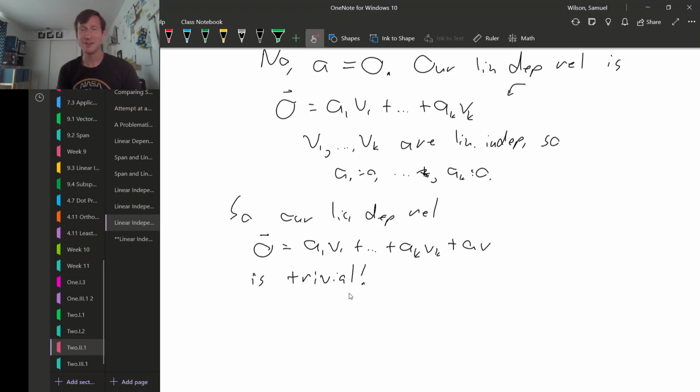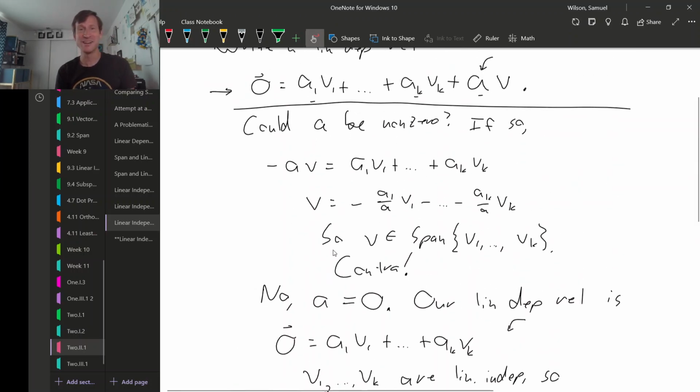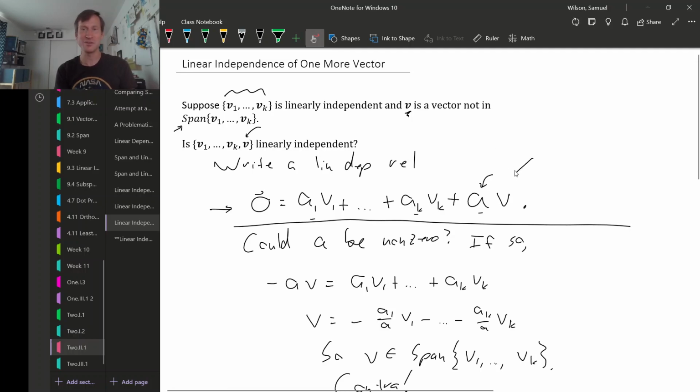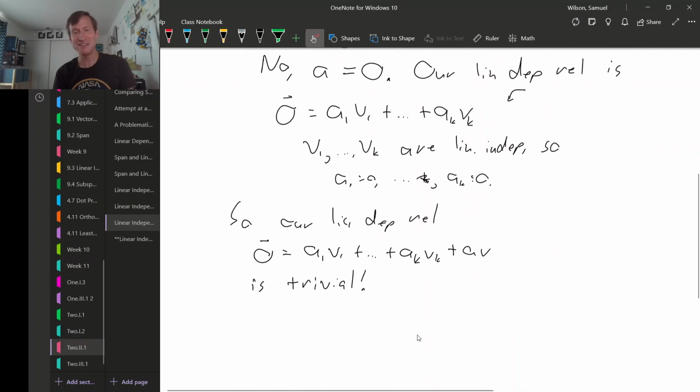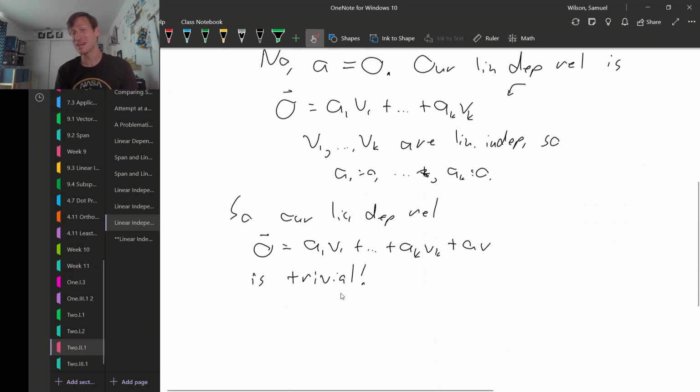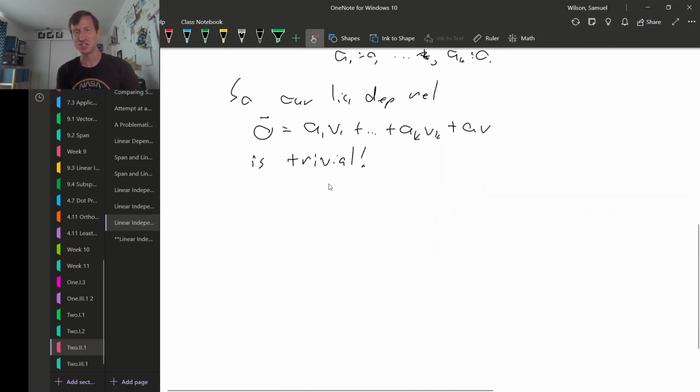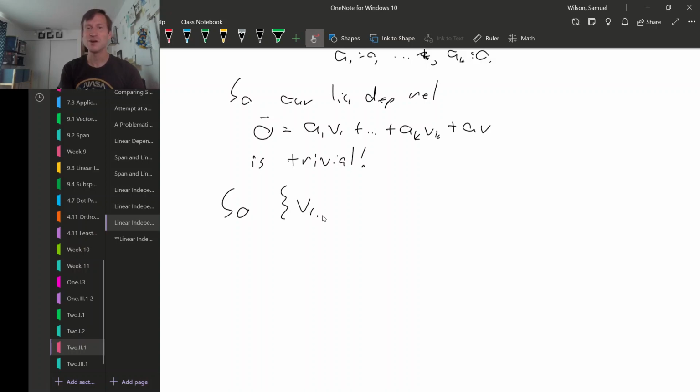So right at the beginning, we wrote down an arbitrary linear dependence relationship, and what we derived is that actually the one we wrote down is the trivial relationship. But that means that the trivial linear dependence relationship is the only linear dependence relationship, and this means that v1 through vk together with v are linearly independent.